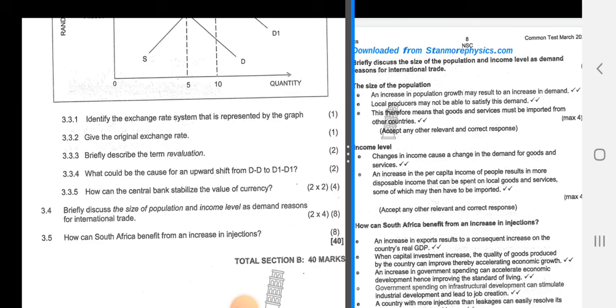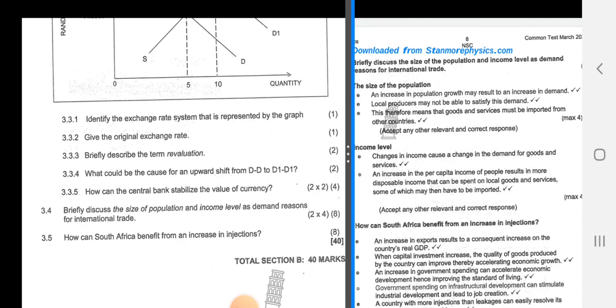So demand side, the population is increasing, meaning that the current producers in the country will not be able to meet all the demands of consumers. So that's why we need international trade. And then income level, when people earn more, they will want goods from outside.